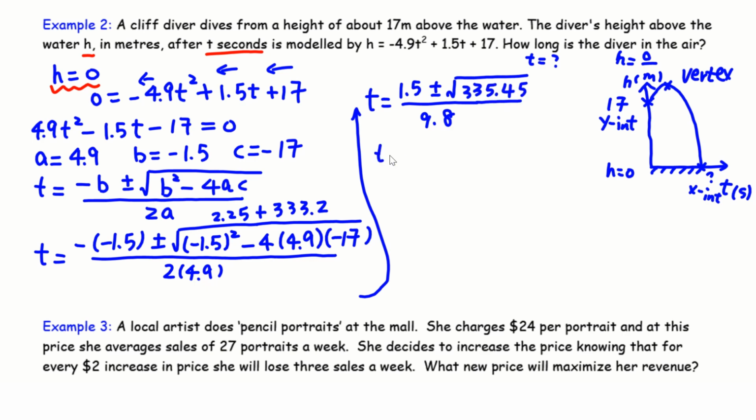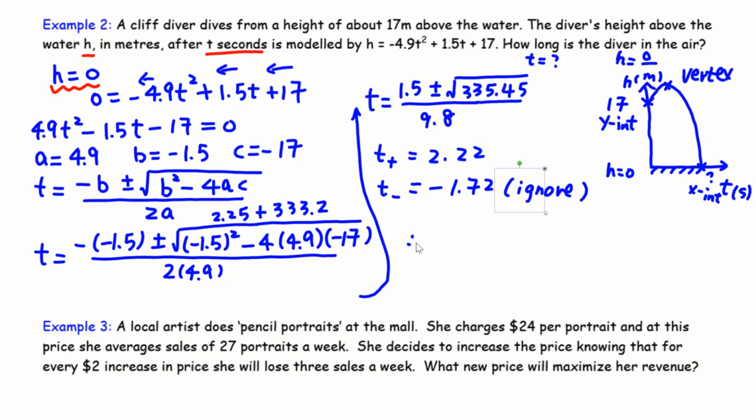Then when you use the plus sign, it will give you 2.22, and the negative sign gives you negative 1.72. Negative 1.72 is before the diver starts to dive, so we ignore this one. We don't know where the diver is before t equals 0. So we start at t equals 0, then we count the diving.